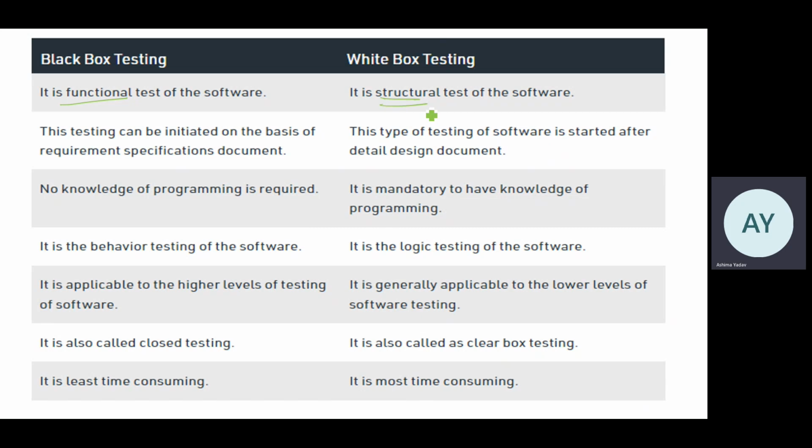Otherwise, white box testing is related to the structural part, meaning how exactly the structure of your code is, or what exactly you have written. So these are some of the differences between black box and white box testing. Here, logic testing is there, white box. Obviously, code is written, so logic testing is there. Here, behavior testing is there. So you can have a look at these differences again.